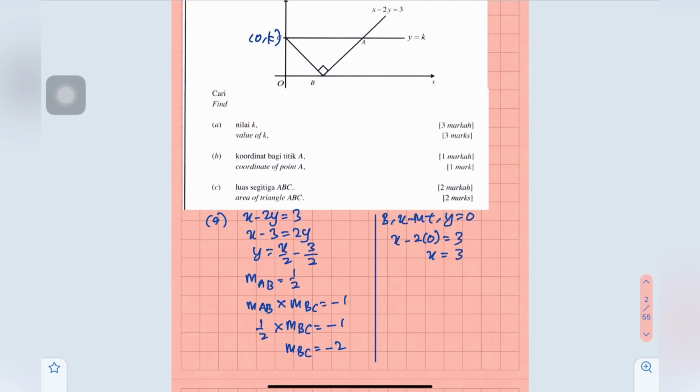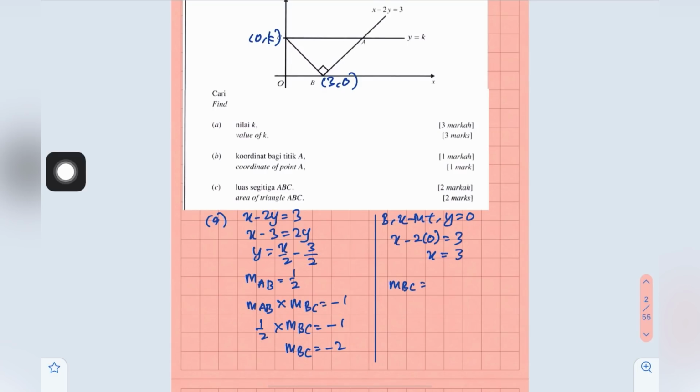Okay, so therefore point B is 3, 0. Okay, just now kita dapat gradient BC is negative 2. So gradient BC, y2 minus y1, so k minus 0 bahagi x2 minus x1, 0 minus 3, samakan dengan negative 2. So kita dapatlah k equals 6.